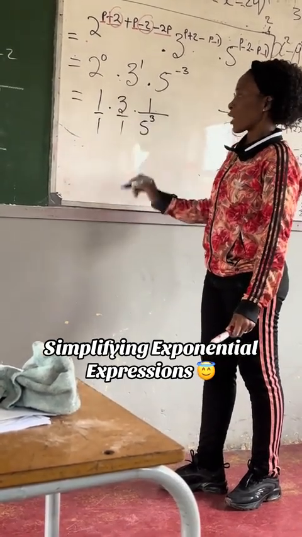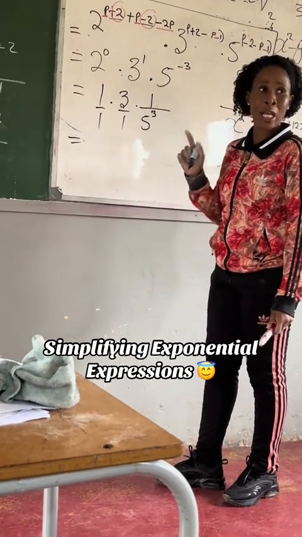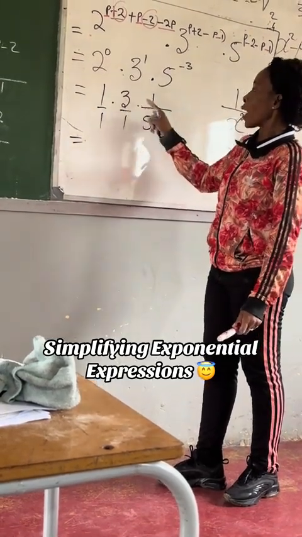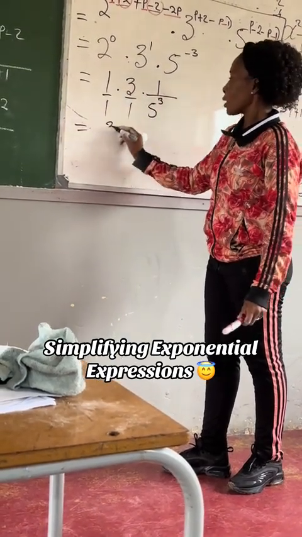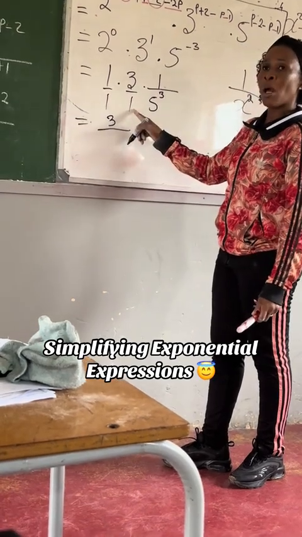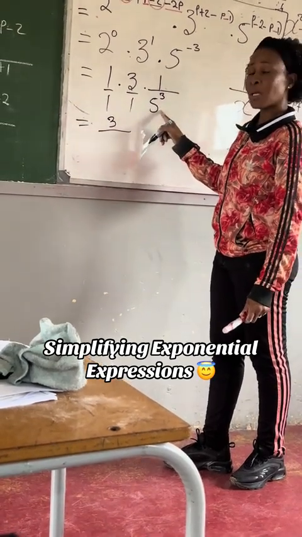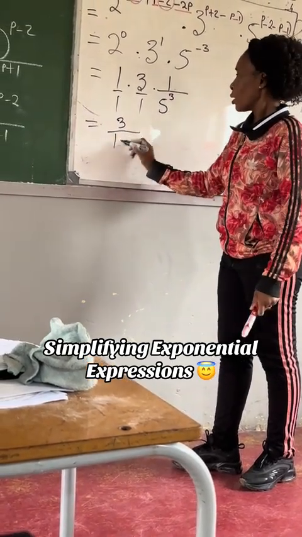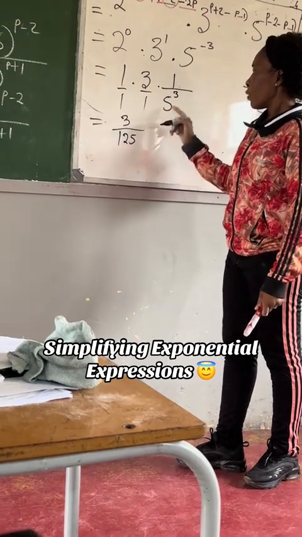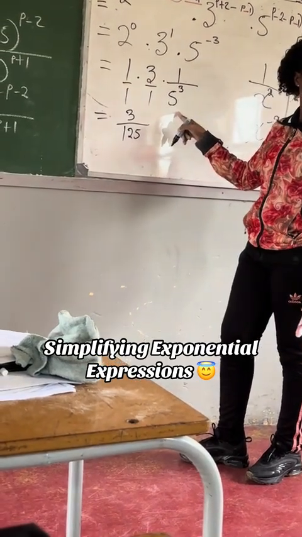Imagine this as fractions so that you multiply numerators. 1 times 3, 3, 3 times 1, 3. 1 times 1, 1. 1 times 5 cubed. 5 cubed is 125. Okay.